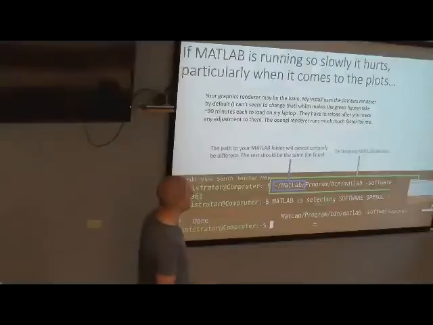In Linux, at least, you can change it like this. I was never able to find a menu option in MATLAB. There is a way that you can change it once MATLAB has started, I believe.